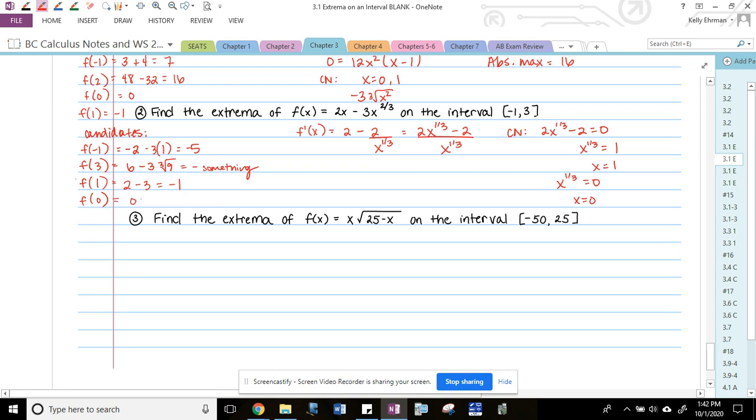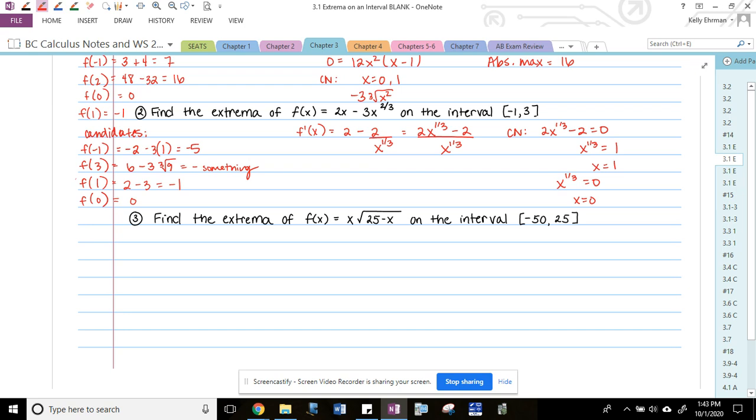f of 0 is 0. Is this more than -5? That's what we need to know. Is it -6 or whatever? No, because cube root of 9, let's see, how do I say this? 6 minus 3 times cube root of 8 would be 0, right? Cube root of 9 is going to be 2 point something, but not quite 3.